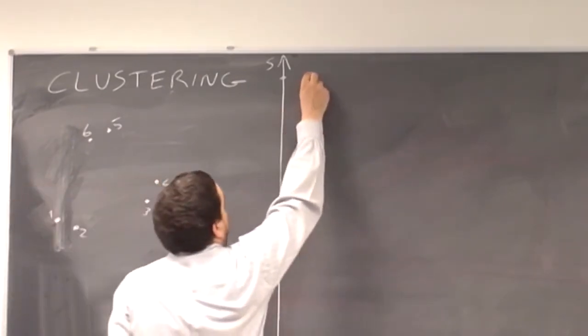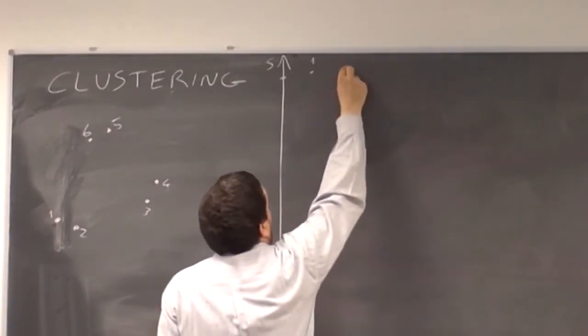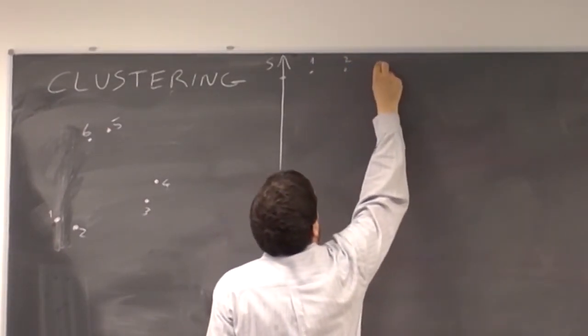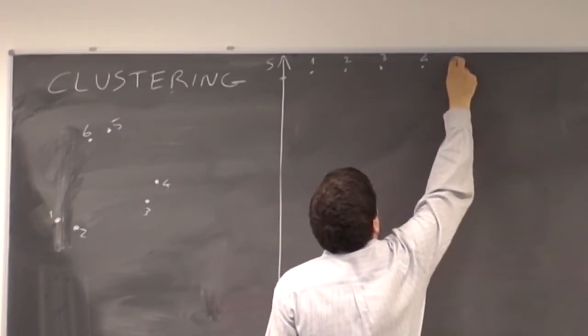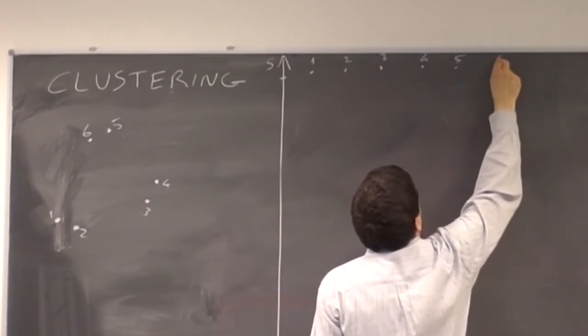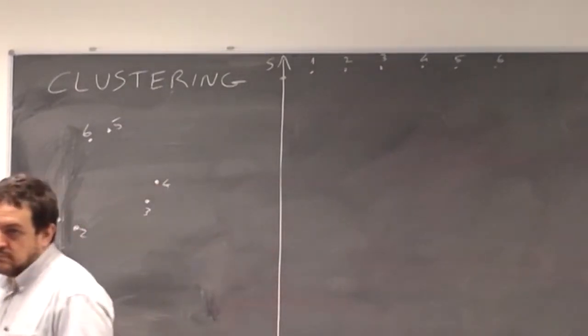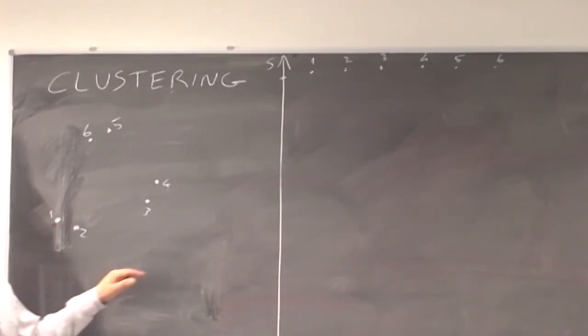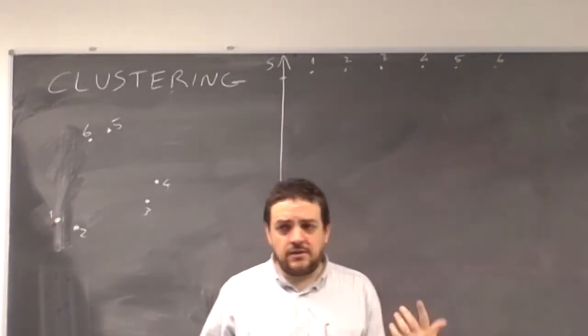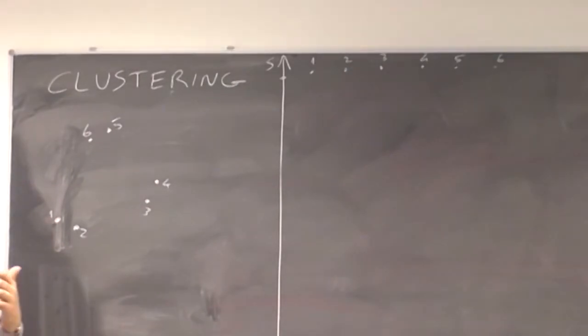So let's just write the elements at the top of this scale. So these are the 6 singletons that are the starting point of our algorithm.